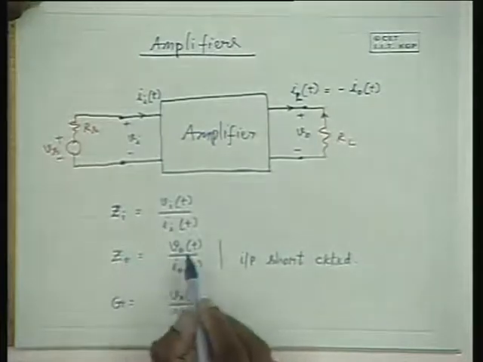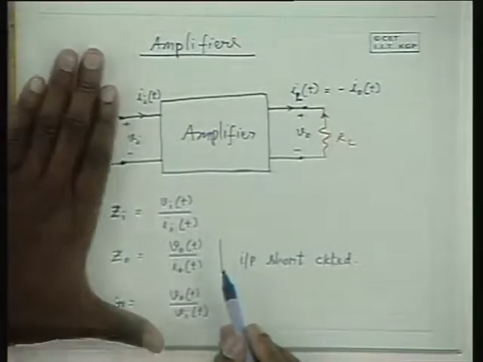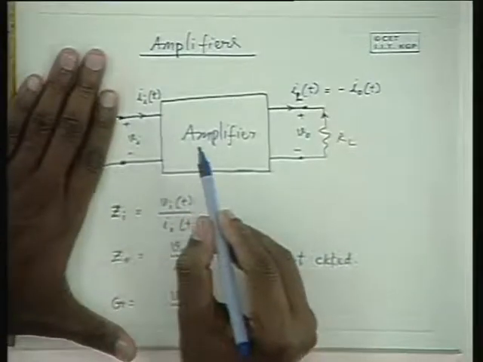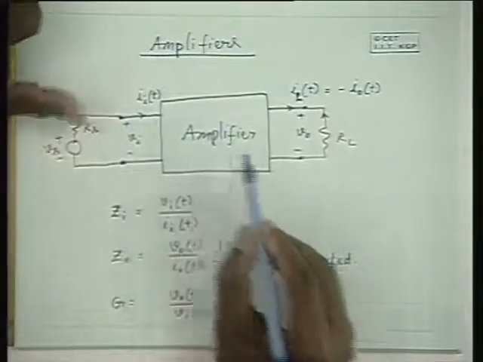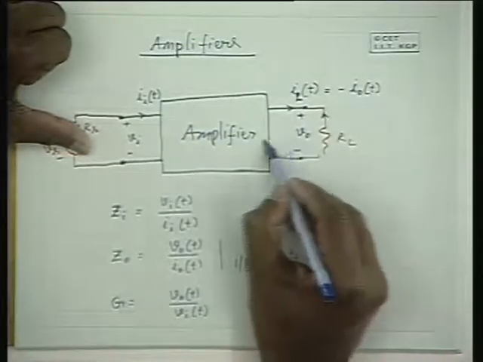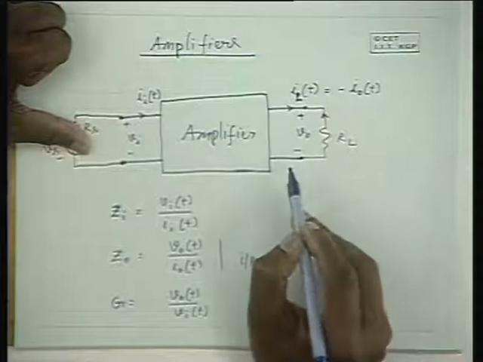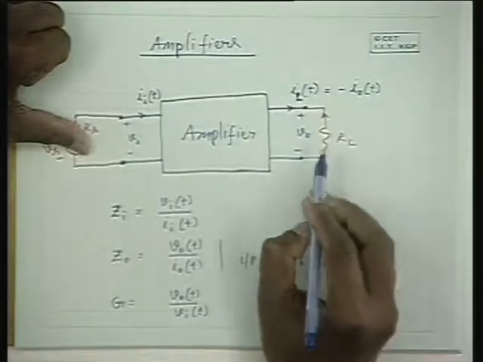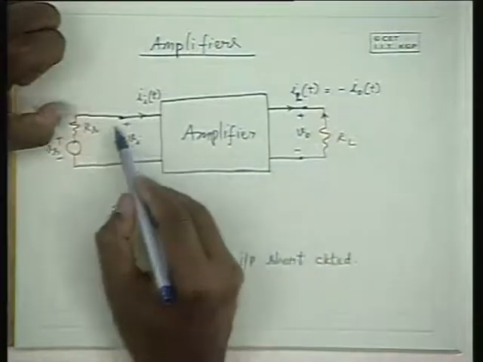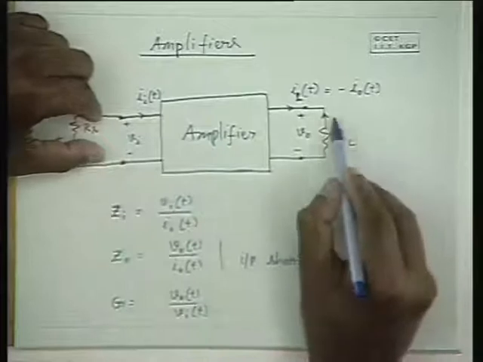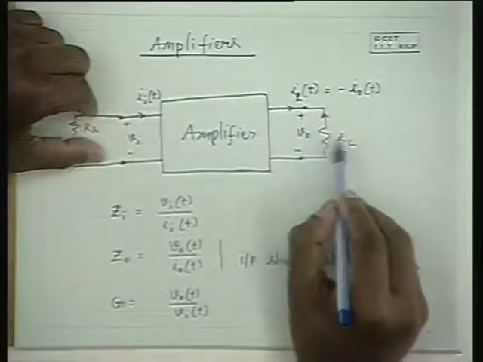Similarly, for output impedance, as I mentioned, when the input is short circuited, that means the input voltage source is removed and it is shorted, then the impedance appearing across the output terminals is the output impedance. That output impedance can be determined by shorting the inputs and applying an external voltage source V0T.